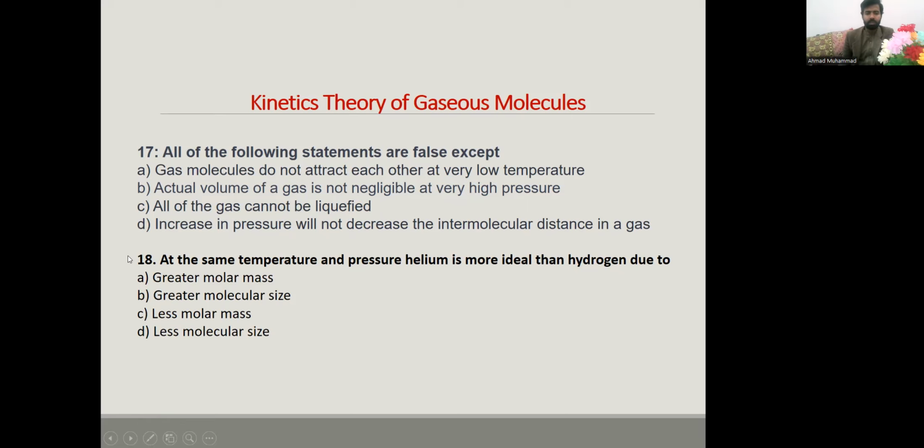From question number 18, at the same temperature and pressure, helium is more ideal than hydrogen due to greater molar mass, greater molecular size, less molar mass, less molecular size. The right option is D, less molecular size.